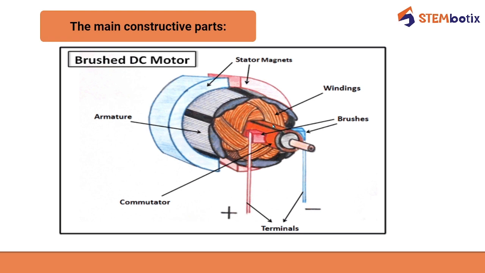This one is a commutator, and as you can see, there is a separation between its segments. These are the two brushes, and after that there are the two terminals. So these are the constructive parts and the representation of a DC motor.